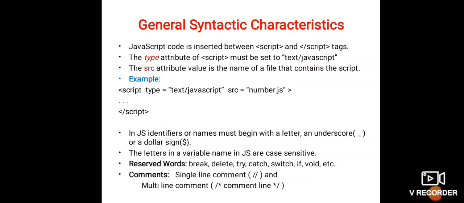By using this file name we embed the script in the XHTML document. Note that the script element requires the closing tag. Even if the src attribute does not contain any file name, we still include the closing tag. The closing tag is compulsory.